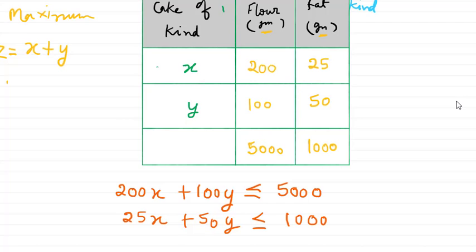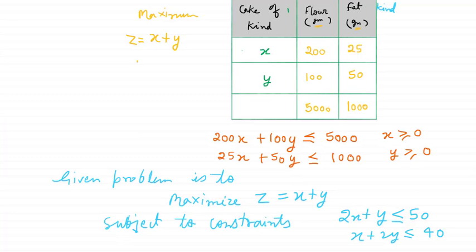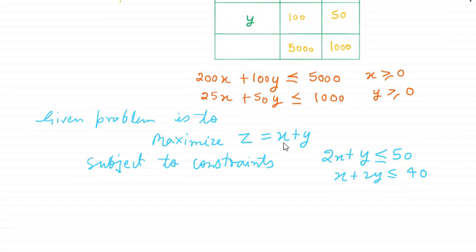So these will be the two constraints, and also x and y both will be greater than or equal to 0. So from this you can say that the given problem is to maximize Z equals x plus y, subject to the constraints 2x plus y less than or equal to 50 and x plus 2y less than or equal to 40. I've just reduced these equations, and also x and y both are greater than or equal to 0.